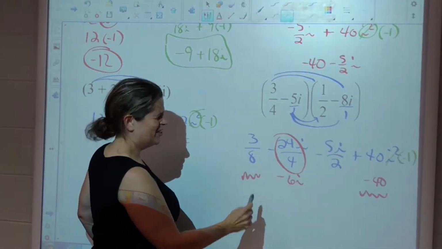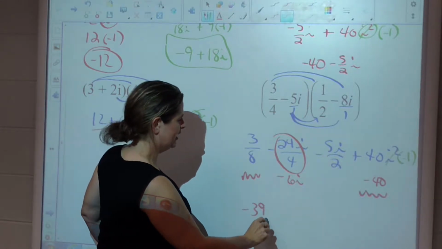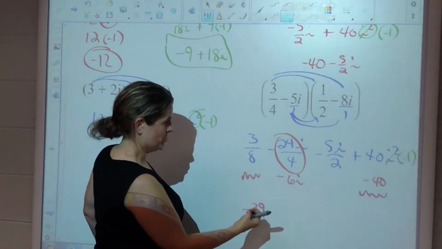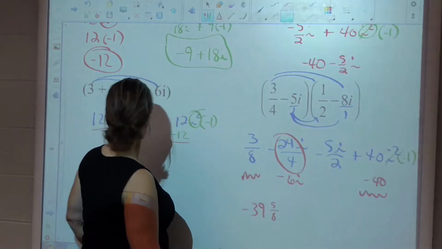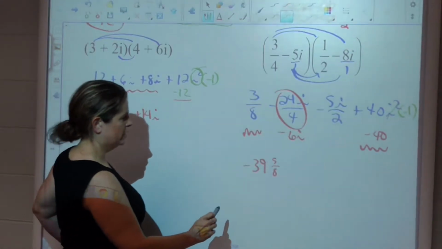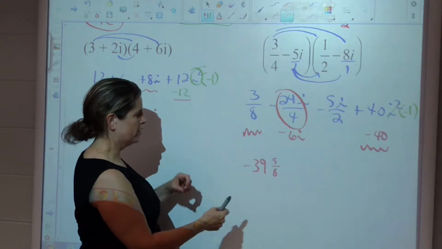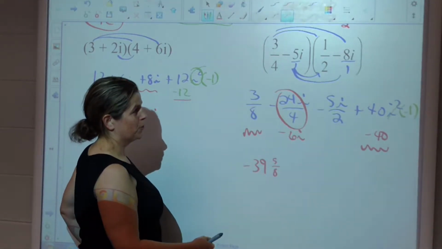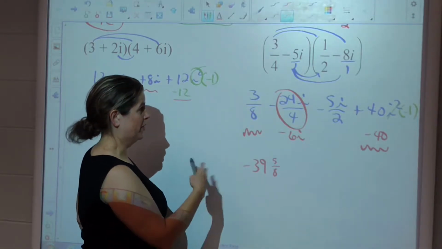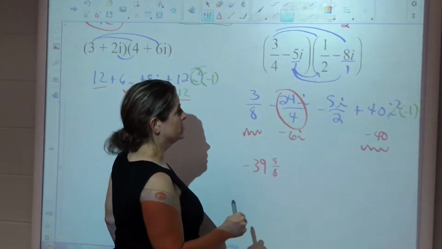That just becomes, you could do that as a -39, because subtract 1, and then that would leave 5/8. And you could make that, if you would like, humongo number over 8. Really, there's no point in finding a common denominator with that, since you're subtracting less than 1.